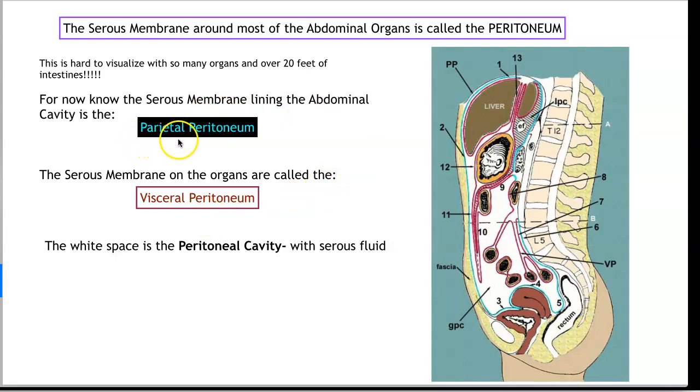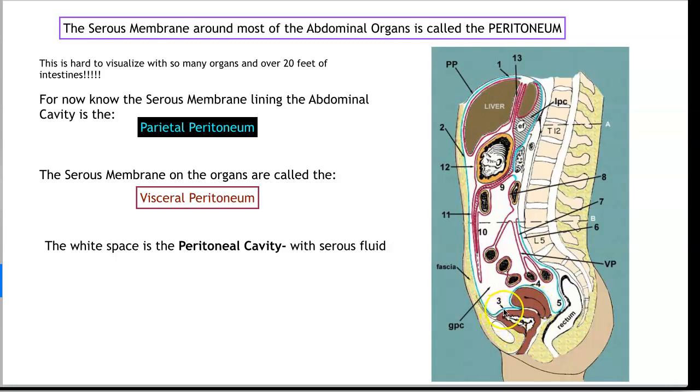So this outer layer, the parietal peritoneum, if we follow it, it's this turquoise blue. You can kind of see it lining the abdominal cavity. So it's lining this entire abdominal cavity. It's going over the bladder. This is the bladder, and this is the uterus. This is a female.